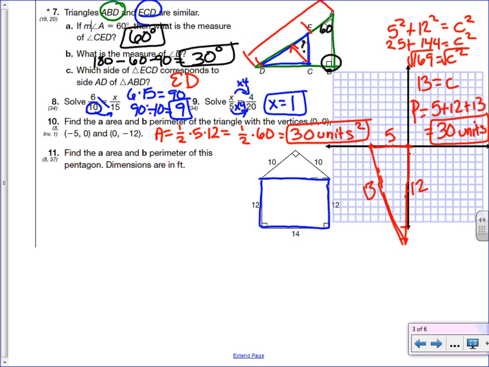And if this was the only thing that they gave me, I would have a rectangle that's 12 by 14. So I would say the area is 12 times 14. Well, 12 times 12 is 144, and then 2 more 12s is 24, so 168.